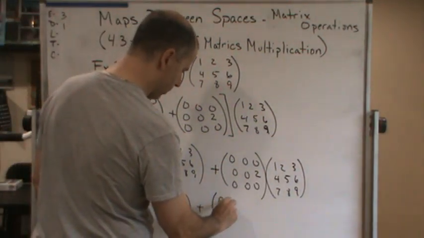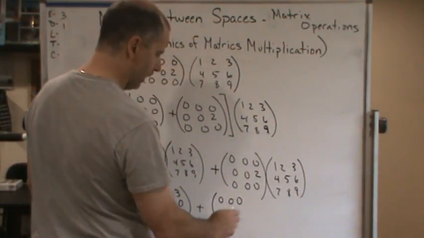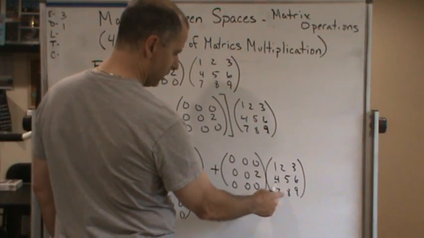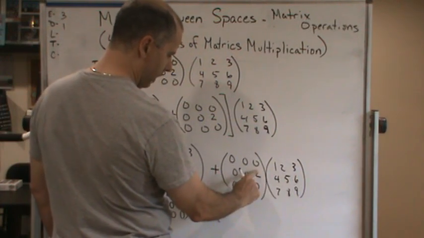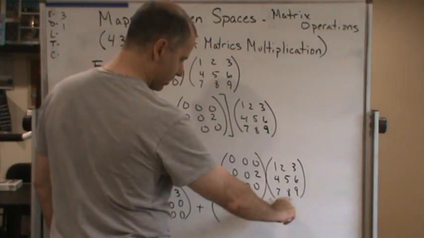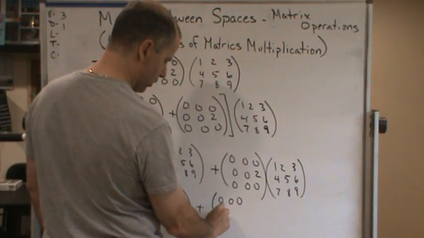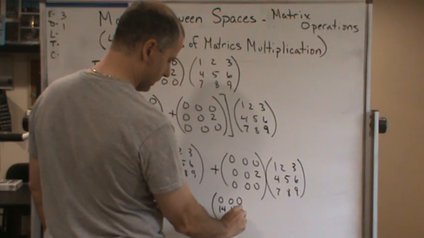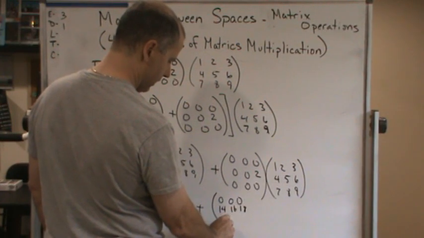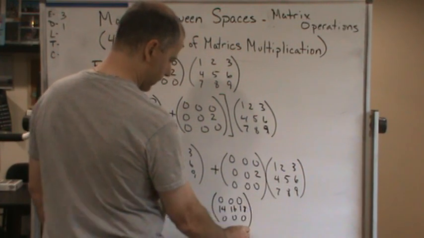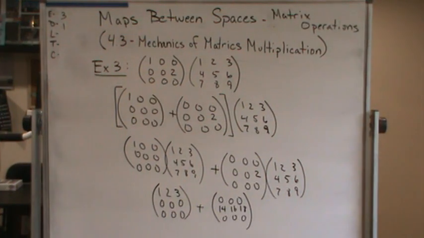So here it'd be 0, 0, 0. Now, since it's double, it's going to be double this row. So the 1 repeats this here in the second row, but it's going to be double because it's a 2. So it'll be 14, 16, and 18, and then we have 0, 0, zeros across the bottom.